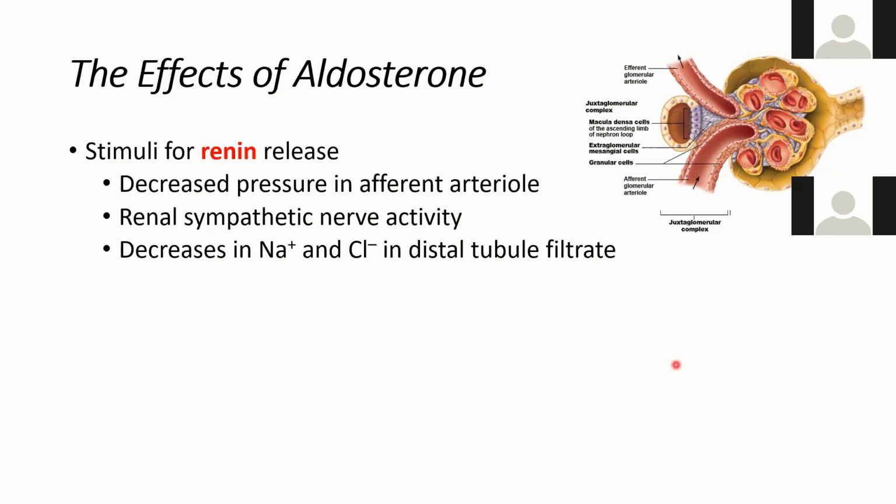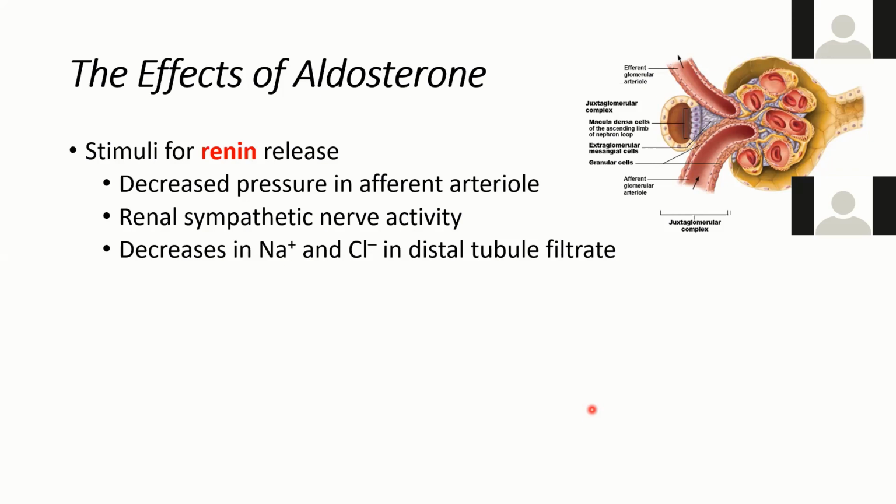So we saw that the stimuli for renin release are really all related to drops in blood pressure. But if we're thinking more directly about how they're actually triggering those granular cells to release renin, we saw that there's decreased pressure in the afferent arteriole, which would be due to low blood pressure. We'd have increased renal sympathetic nerve activity, which is part of our baroreceptor reflex, so also a response to low blood pressure.